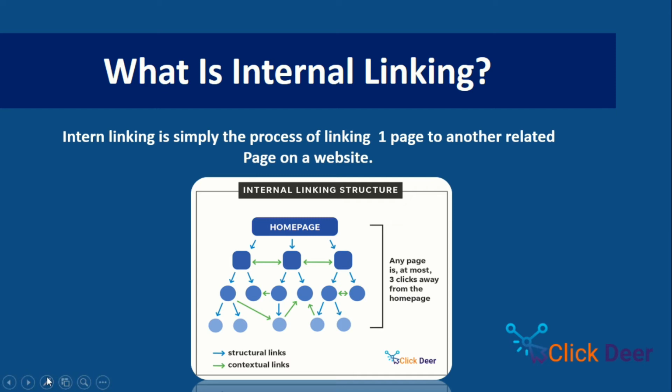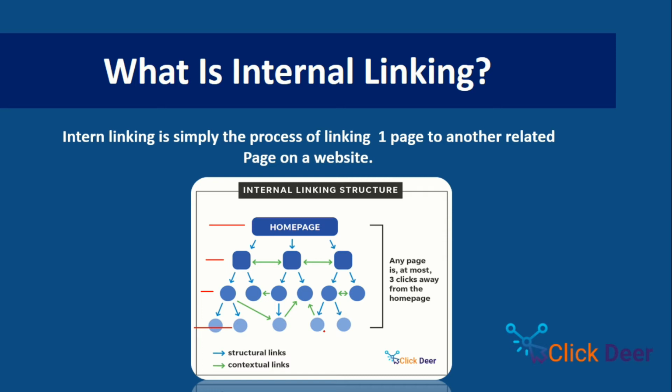Now, first, let me pick up the pen so that I can explain to you how a usual site structure appears, what contextual links are, and how you can leverage internal linking to gain more SEO benefits, right? As you can see on the top of this graph, you see the home page, and then the main category pages, then the subcategory pages, and then the product pages or the service pages, right?